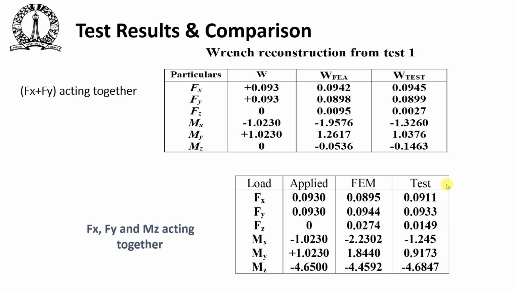Test means you measure the leg forces and you multiply by the H matrix, which you now know. Okay, and then you get the measured forces. So as you can see here also, it's not too bad. It is quite reasonable.